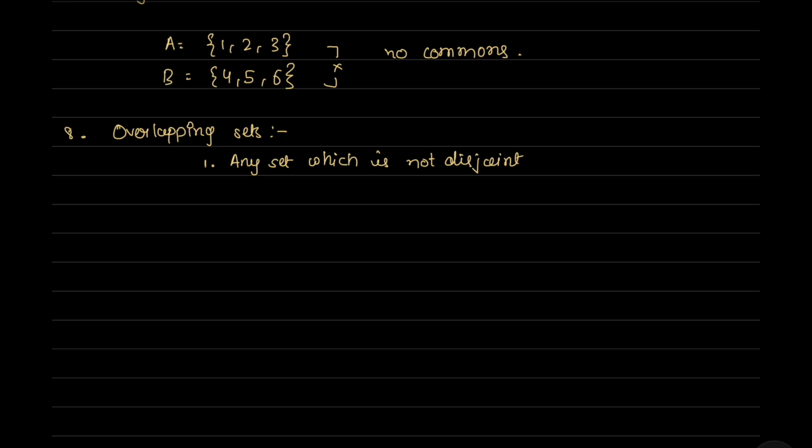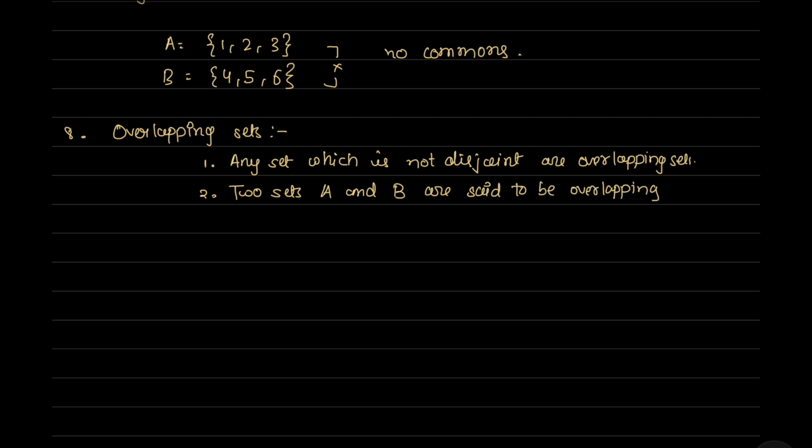Or you can say two sets A and B are said to be overlapping if they have at least one element common between them.